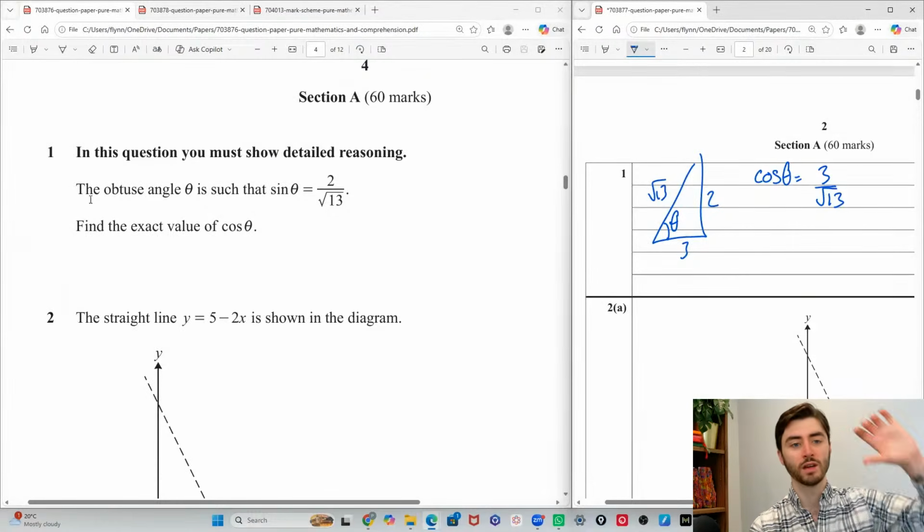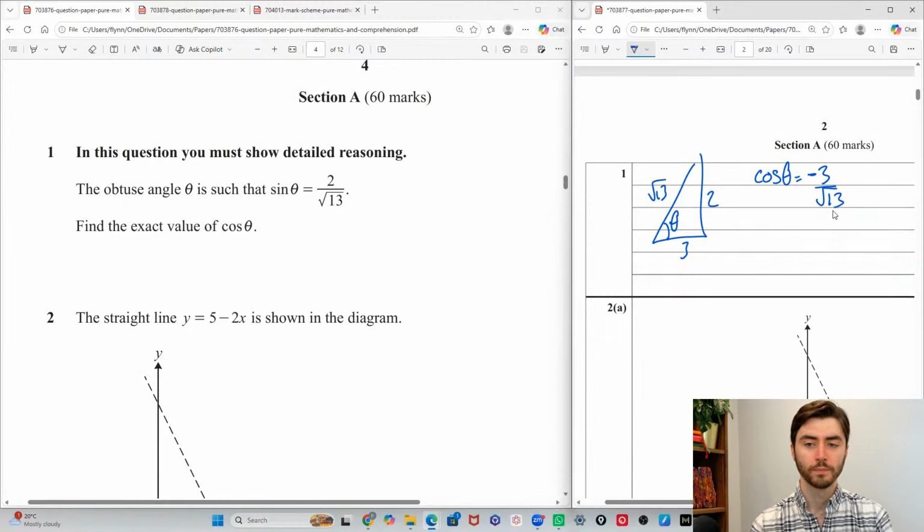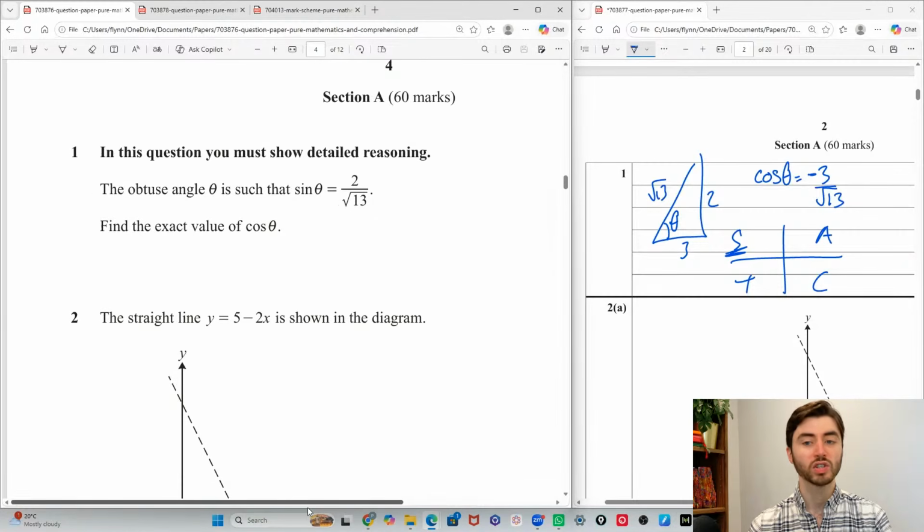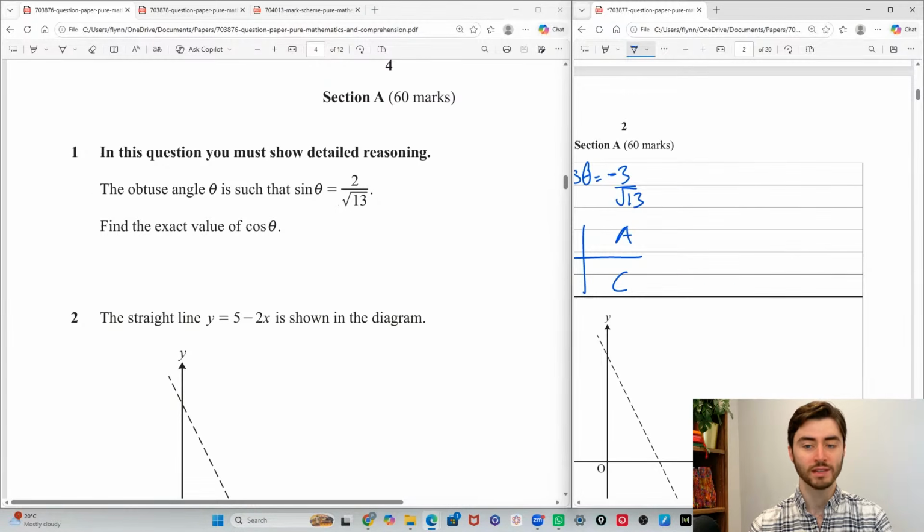But remember that it's obtuse, which means it's actually going to be negative. Because if it's obtuse, then in your CAST diagram, you know, sine is positive, cosine's negative. Or alternatively, if you don't like that method, you could instead say that cos squared theta is 1 minus sine squared theta.